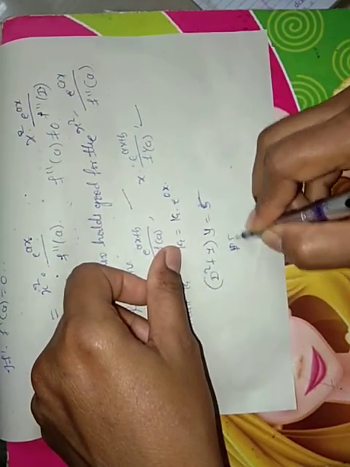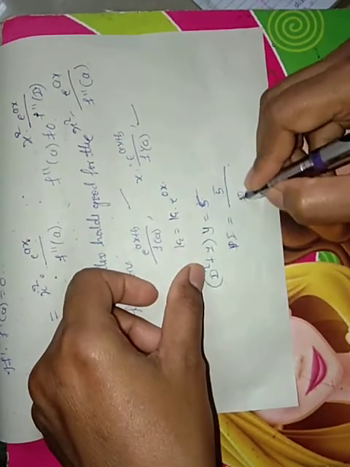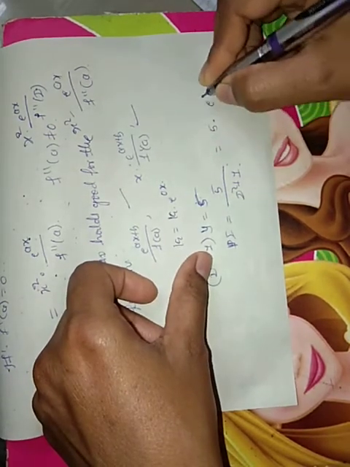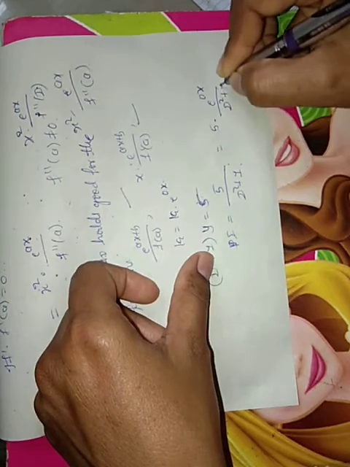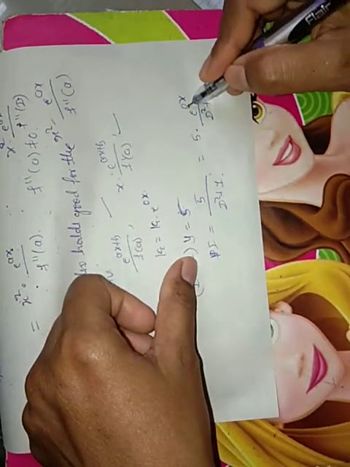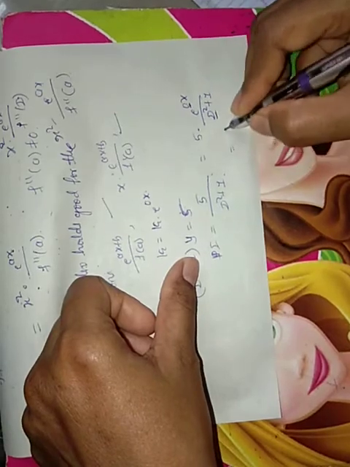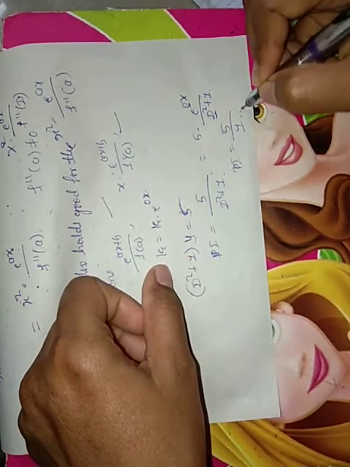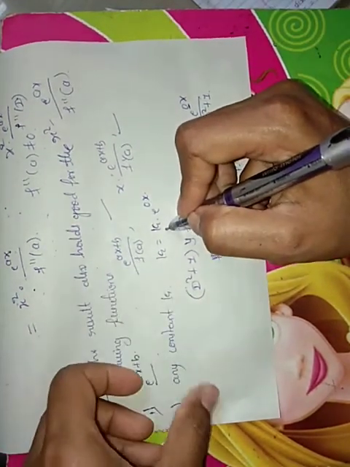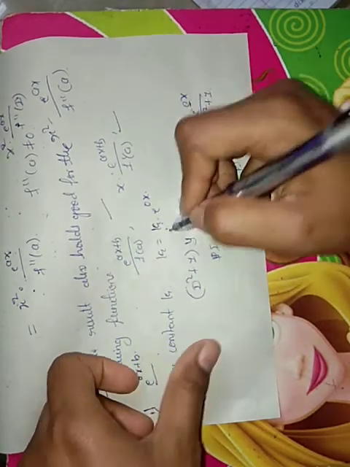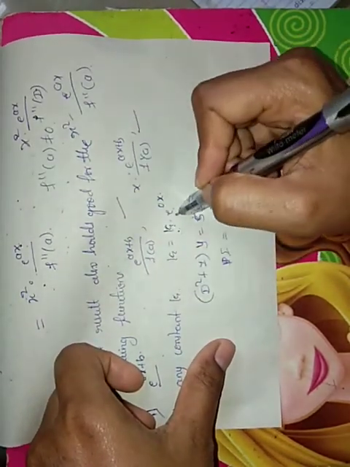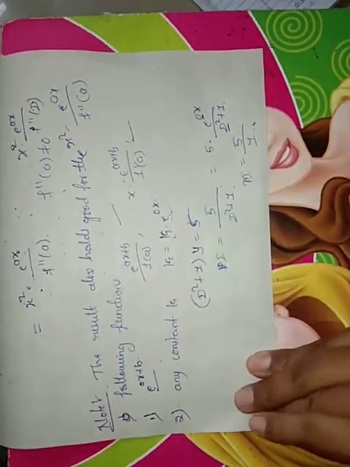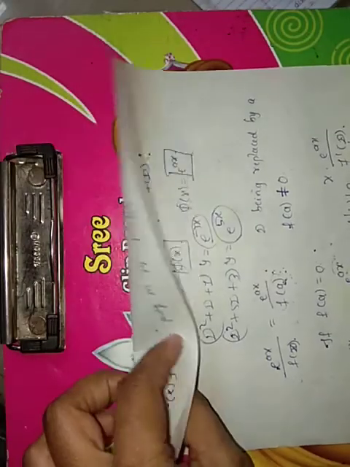Then your particular integral is equal to constant divided by function of D. Then you can write it as 5 into e raised to 0 into x divided by d square plus 1. Then your a is equal to 0. Replace D by 0. 0 plus 1 is 1. Then the particular integral is equal to 5. Like that, when the function is constant, then also that comes under the type 1 procedure, where we have to take a equal to 0 and the function as e raised to 0x. So that also comes under this procedure.